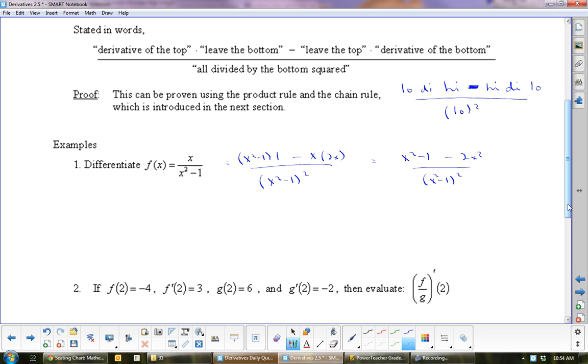Yeah, so that would give us negative 1 times x squared minus 1 over x squared minus 1 squared. Yeah, if you took out a negative 1, that would make that other one positive 1. So I can't go more than this.